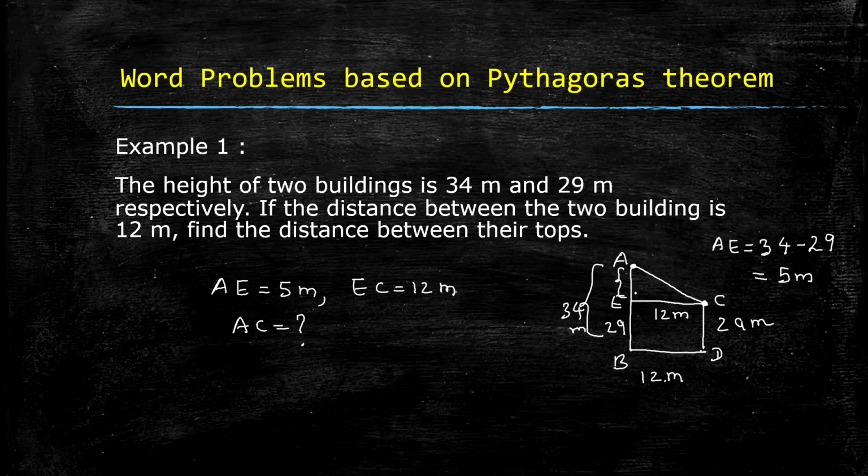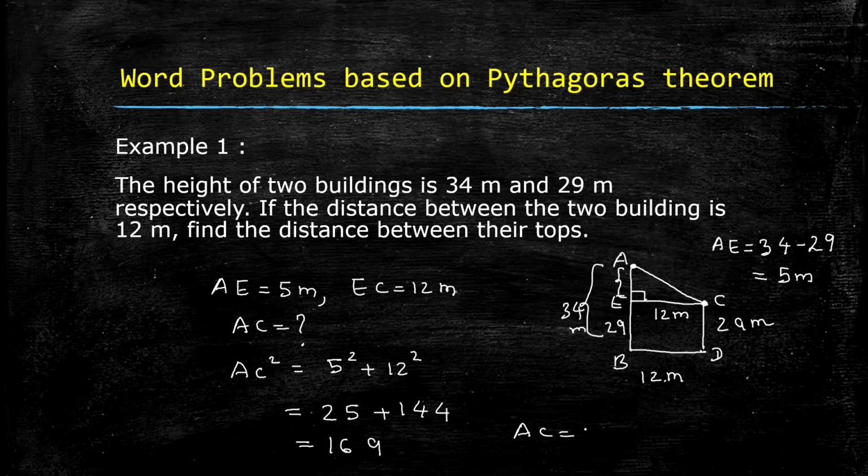If you see that, this is a right angled triangle. I can apply Pythagoras theorem here and find out AC square is equal to 5 square plus 12 square, which is nothing but 25 plus 144, which is 169.